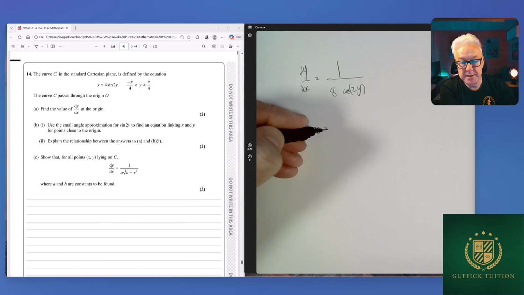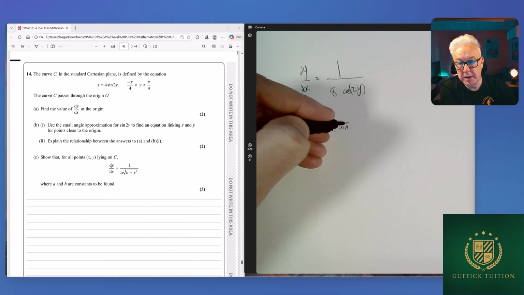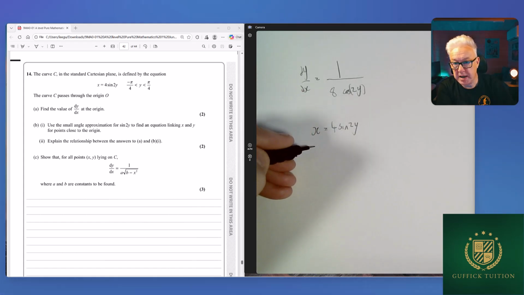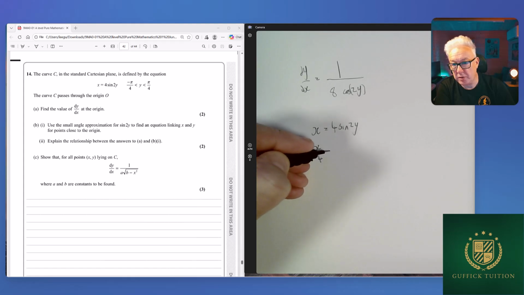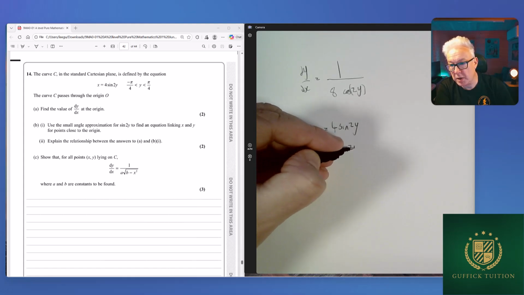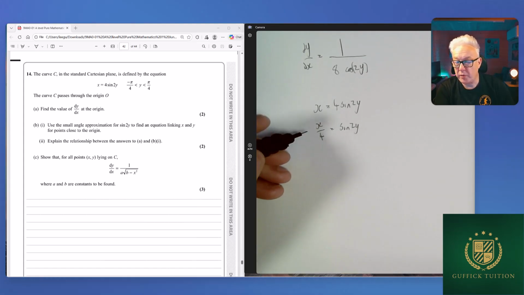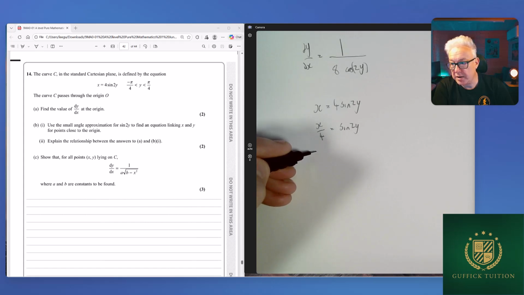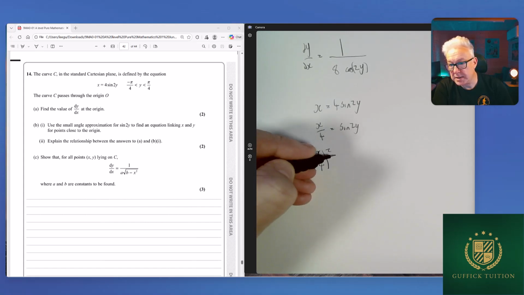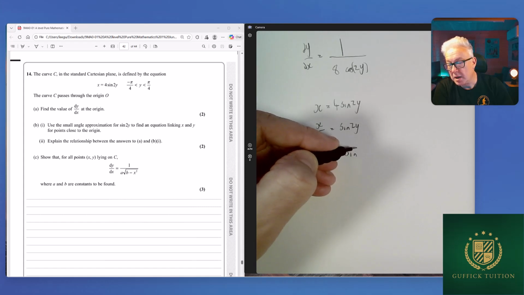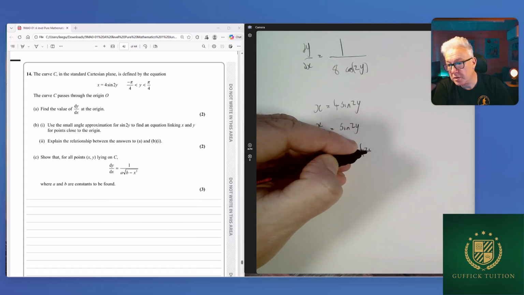We have that x is equal to 4 sine 2y. So x divided by 4 is equal to sine 2y. Therefore we can square both sides, so x over 4 all squared is equal to sine squared of 2y.